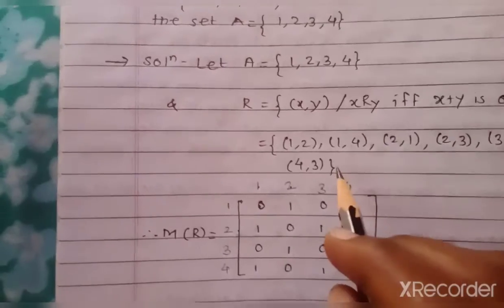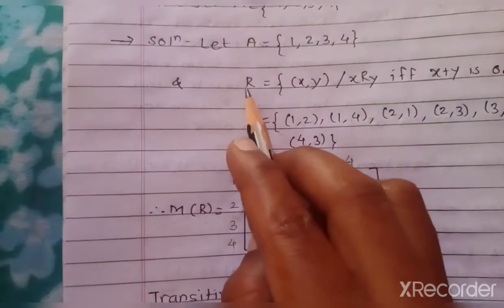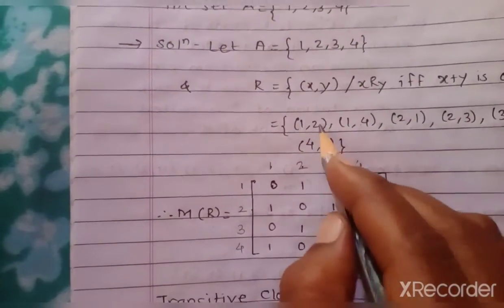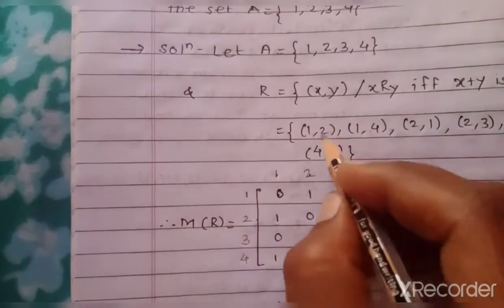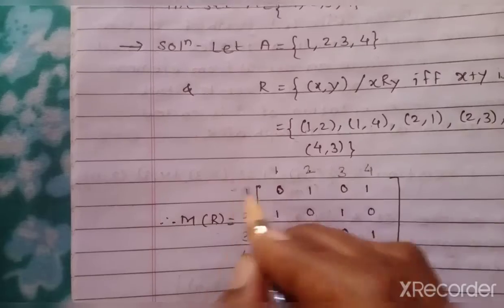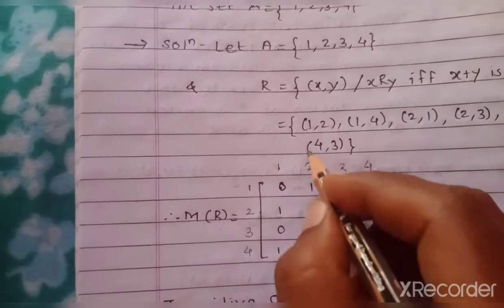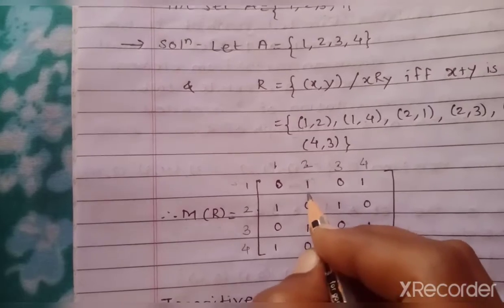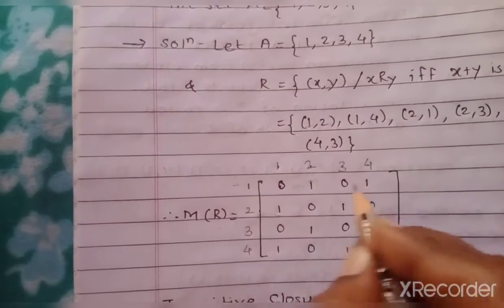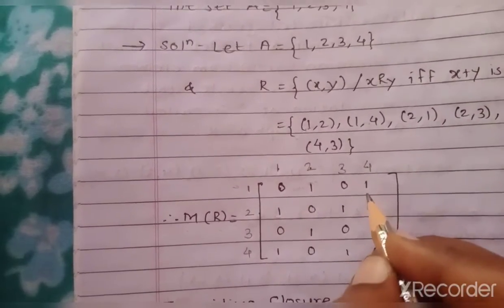Next, check which ordered pairs are contained in our R. This is our R. So (1, 2): the first element indicates the row and the second element indicates the column. So for (1, 2), we write 1. Next (1, 4), we write 1.